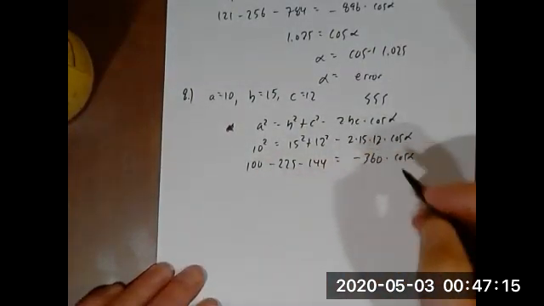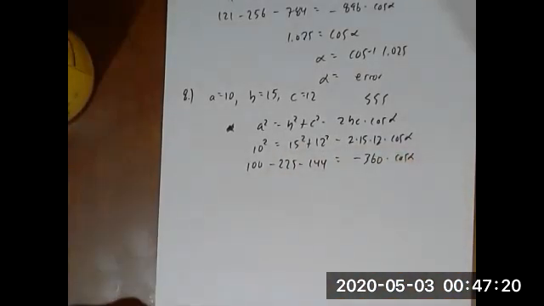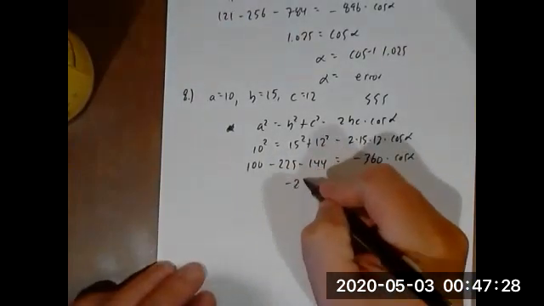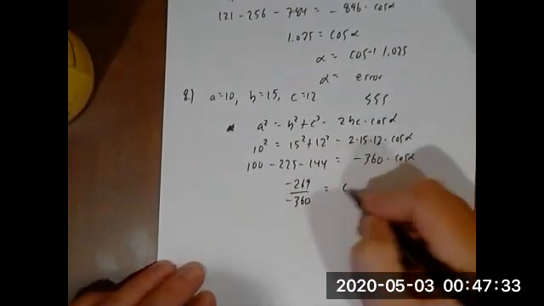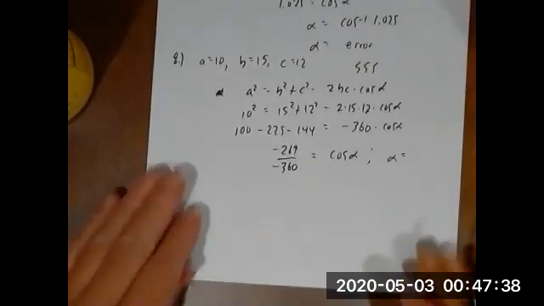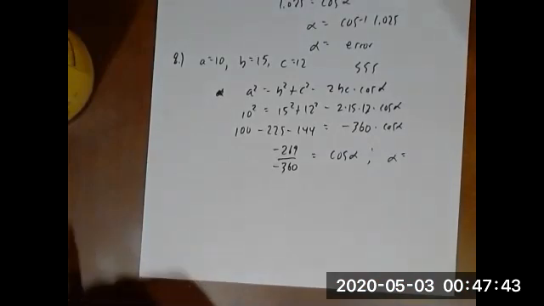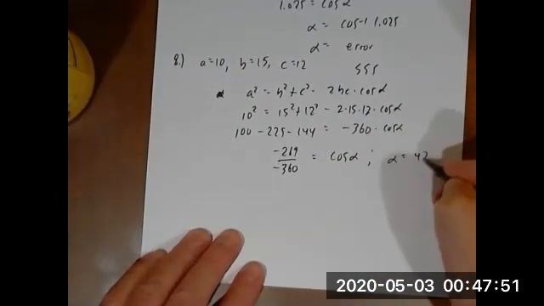So 100 minus 225 minus 144, negative 269, divided by negative 360 is cosine of alpha. You do the inverse cosine of that. You get .6, which is like 42 degrees, which thankfully is correct.